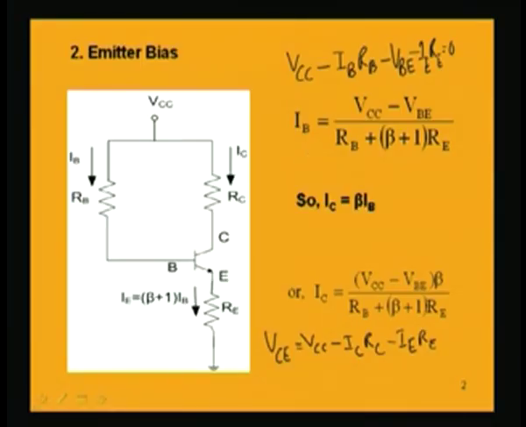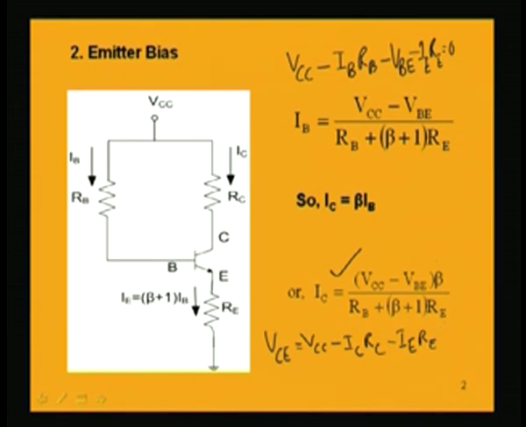So, this scheme is better than the fixed bias scheme in this sense. And even if beta changes, because of, say, replacement of the transistor during operation by another transistor which has a different beta, then we see in this expression that IC is equal to VCC minus VBE into beta, divided by the denominator, which is RB plus (beta plus 1) RE.